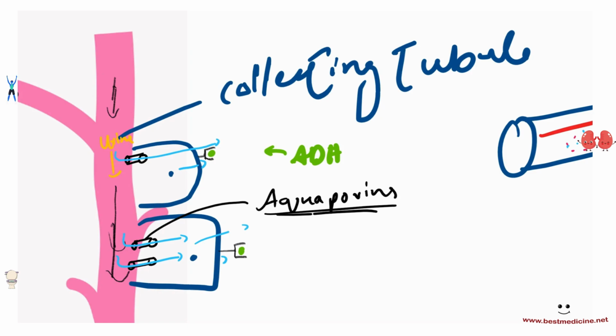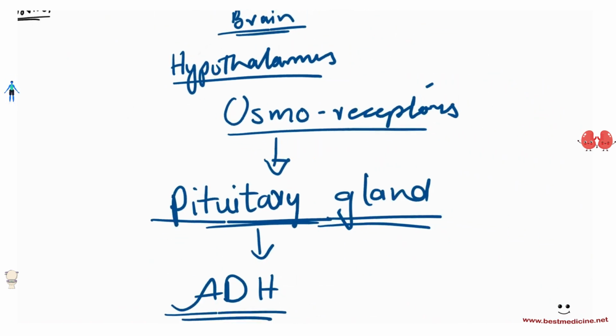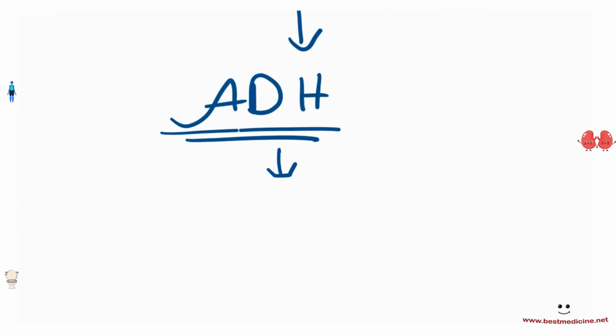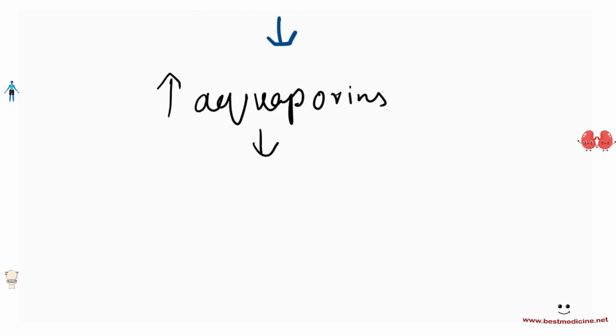Can you tell me now, if water moves back into the blood, does it increase or decrease the blood water levels? Of course, it's going to increase the blood water levels. It's going to decrease the blood's concentration. It's going to make the blood pressure also rise a little bit, right? So ADH goes and increases aquaporins, which results in reabsorption of water.